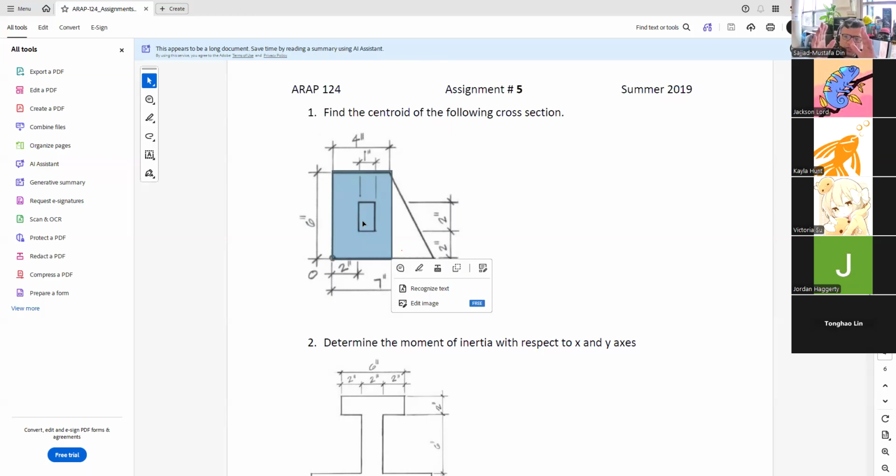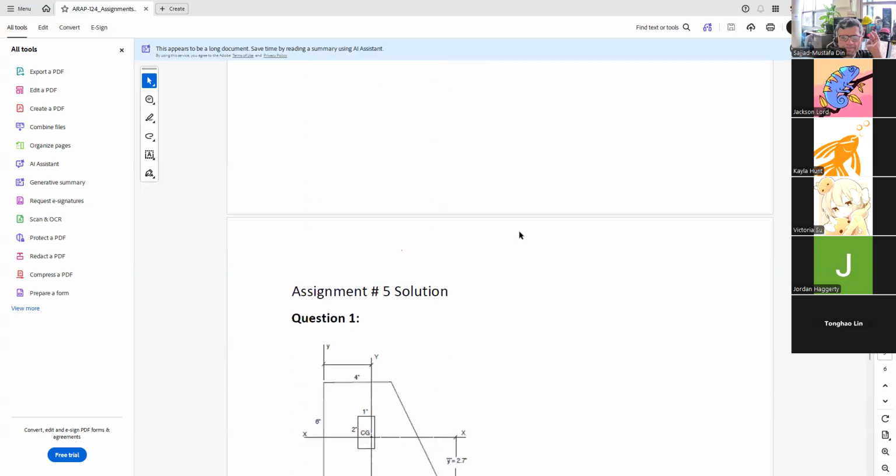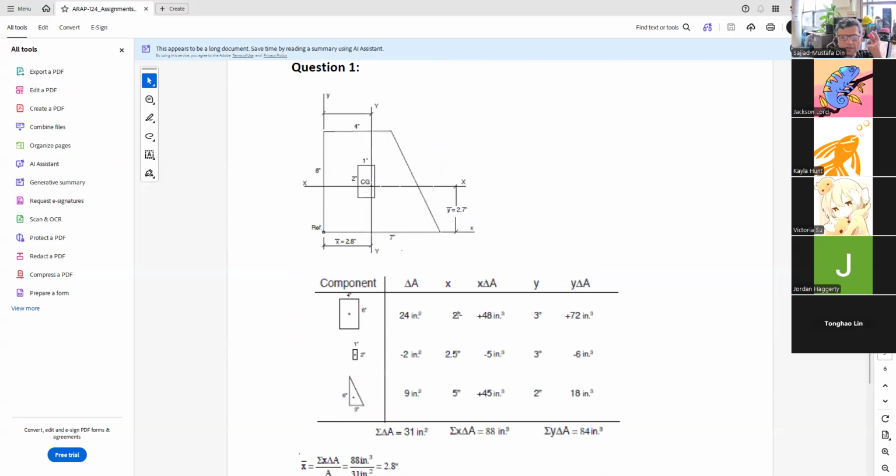Remember, halfway along the x-axis, halfway along the y-axis. Why? It's a rectangle. So the x is going to be 4 over 2, 2. Y is going to be 6 over 2, 3. So x is 2, y is 3. Does that make sense, Kayla? Yes, and then can you just go over the triangle one then? How you got the x for like the 3 inches?